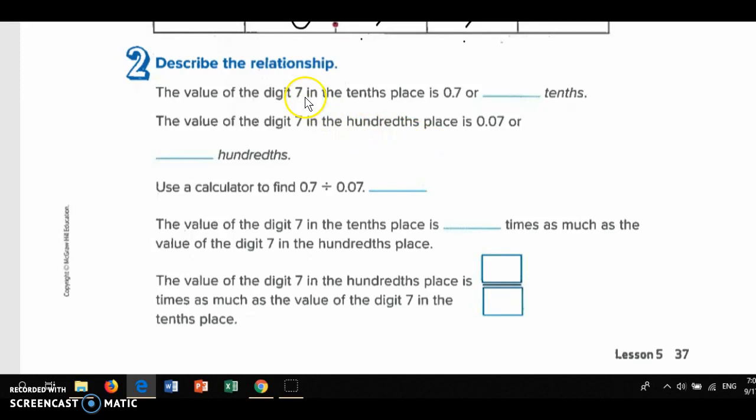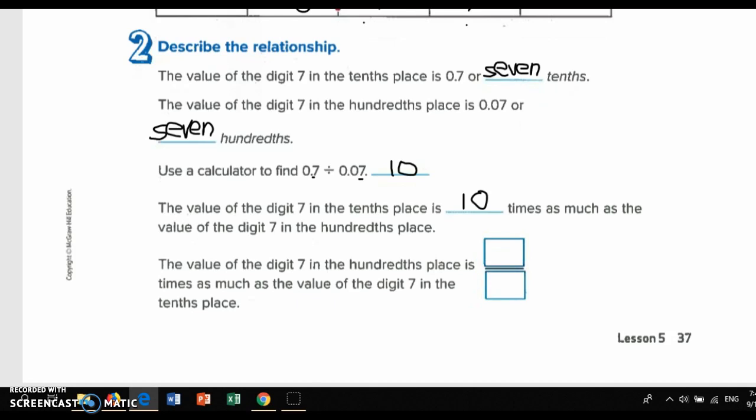The value of the digit 7 in the tenths place is 0.7 or 7 tenths. You see, 7 tenths. Write it in. Remember, you can stop the video anytime. The value of the digit 7 in the hundredths place is 0.07 or 7 hundredths.